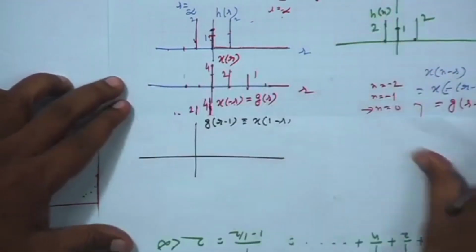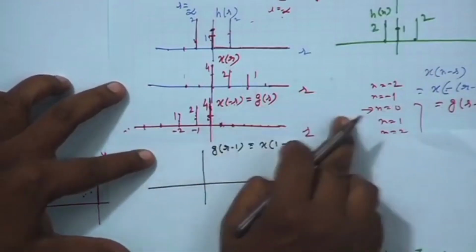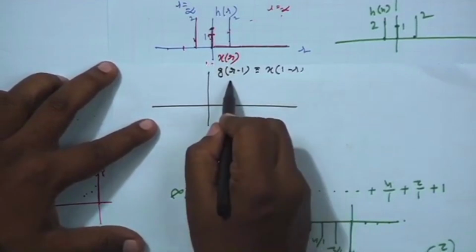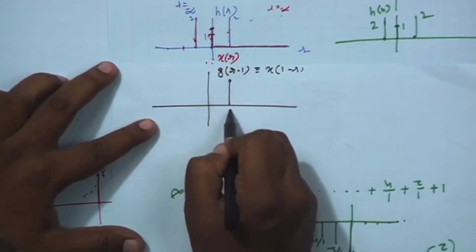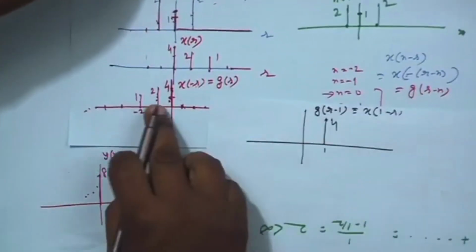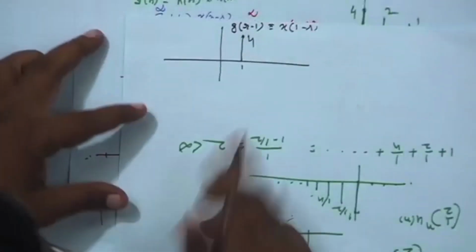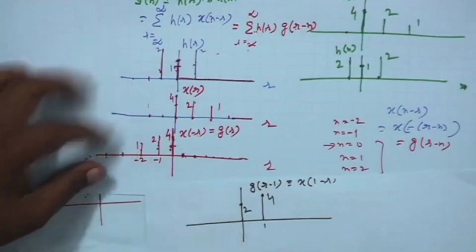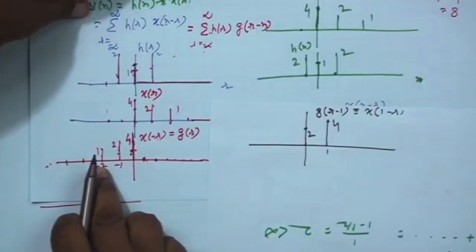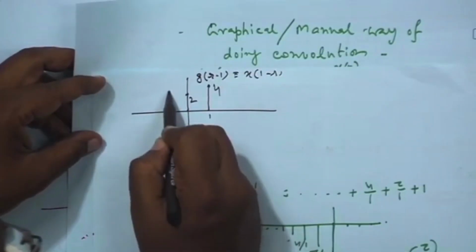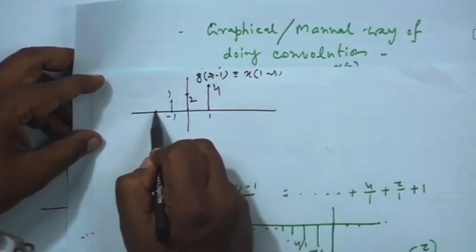So, this will be g r shifted by 1. 4 will go to 1, here the value will be 4 at point number 1, then 2 will go to 0, and 1 will go from minus 2 to minus 1, and then zeros.